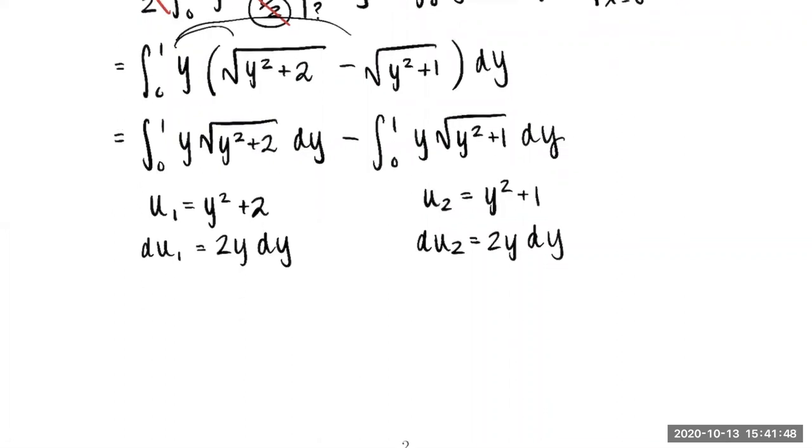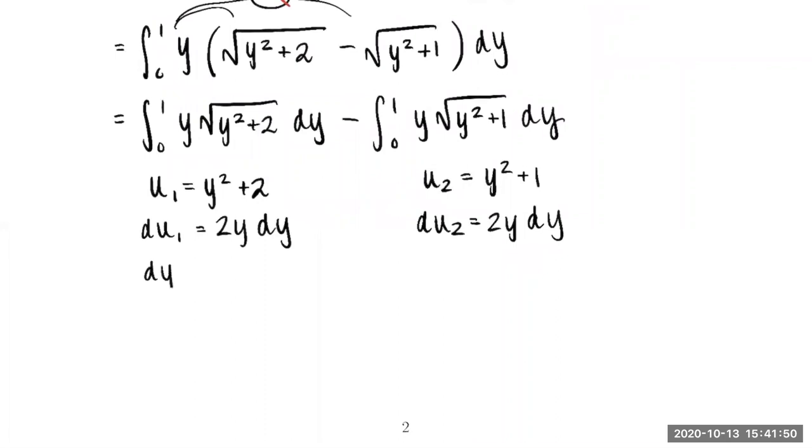And so in both cases, I can solve for the differential dy, and I get dy equals du1 over 2y, and dy equals du2 over 2y.